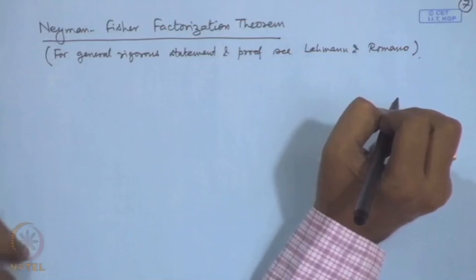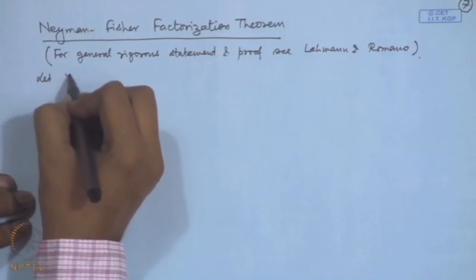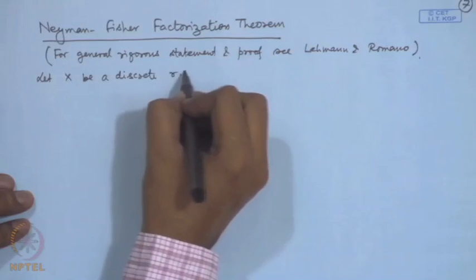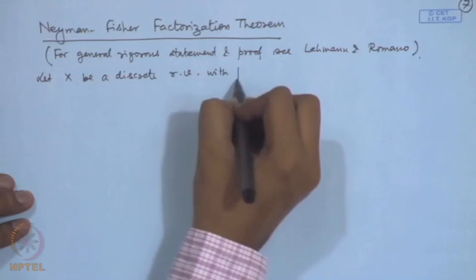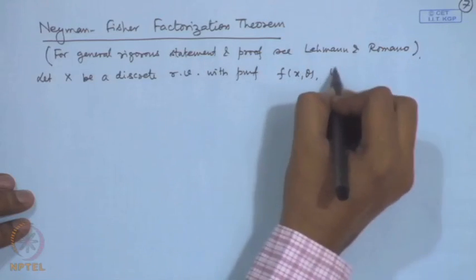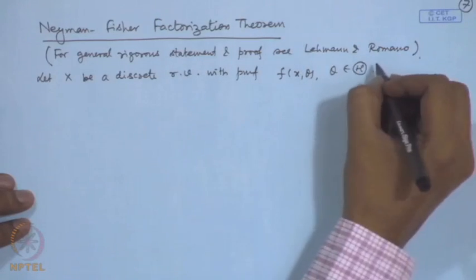We are considering a discrete case here. Let X be a discrete random variable with probability mass function, say f(x, theta), theta belonging to script theta.